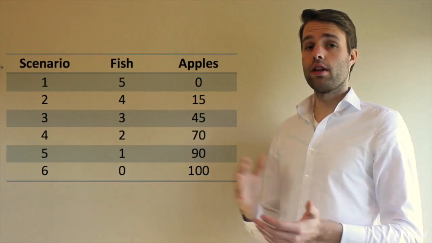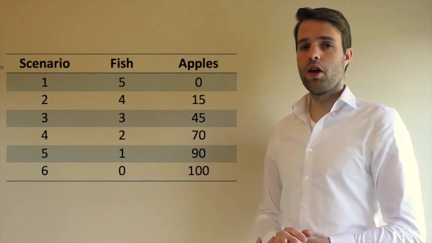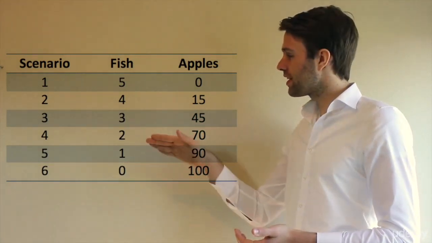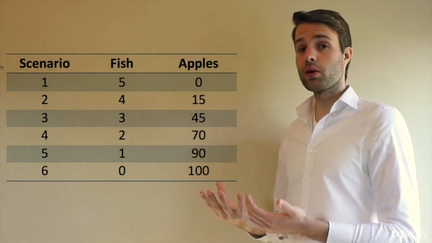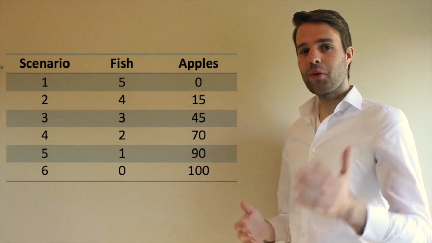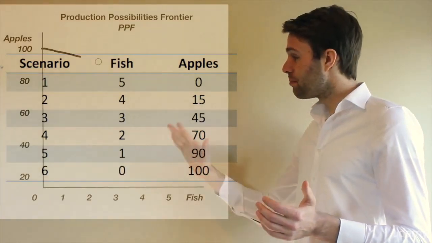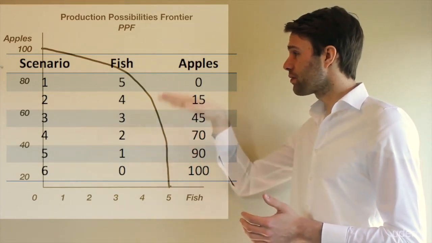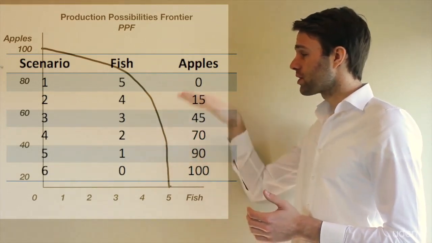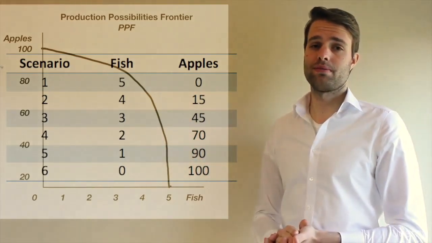From 70 to 45. What you can see is that with every additional fish we catch, we have to give up more apples. The opportunity costs are increasing. And we could see that in the graph as well, right? In a bow-shaped curve with a steep ending. Every additional fish we catch, the opportunity cost increases. We have to give up more apples.